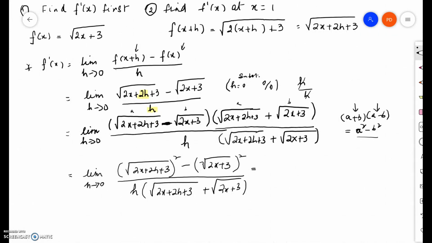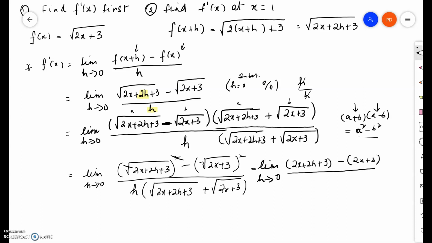So right now we have a radical expression. It's going to become a rational expression. So we have the limit as h approaches 0. We're going to lose the radical expression because the square cancels off with the radical sign, and we're left with 2x plus 2h plus 3 minus, in parentheses, don't forget the parentheses, 2x plus 3.